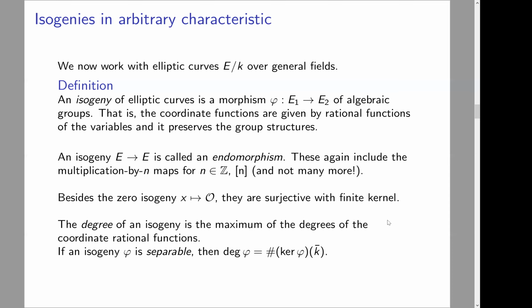Now, this can be defined in other ways. If you're familiar with function fields, a map of elliptic curves induces a map of function fields, and that will establish some relative extension of fields. And the degree of the isogeny is precisely the degree of that field extension. That's another way to see it.